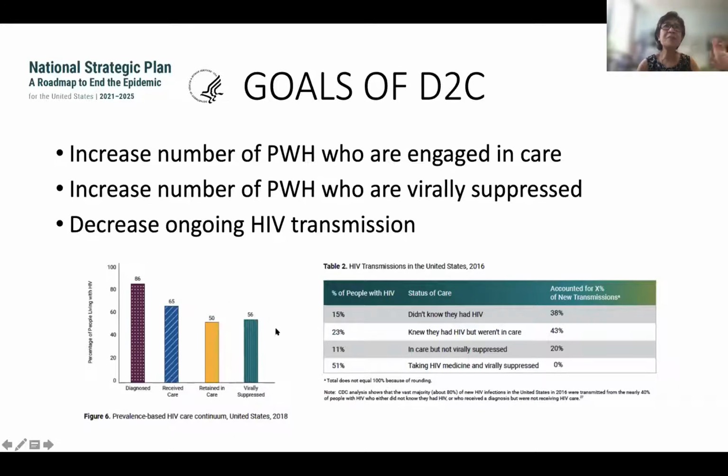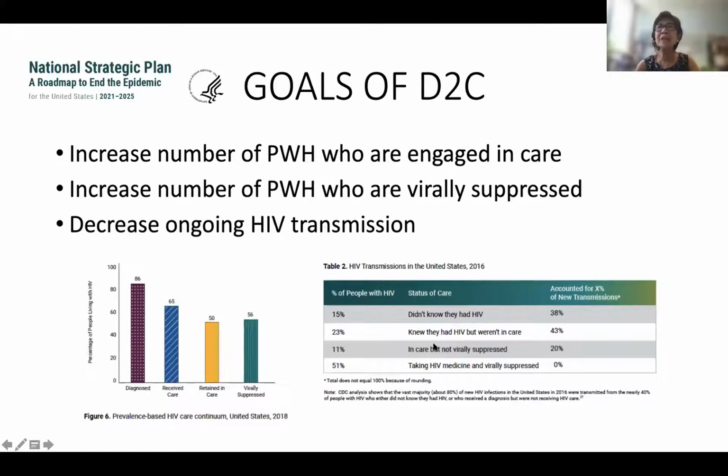Of people who are living with HIV, whether they're diagnosed or not, 86% are thought to be diagnosed, 56% are virally suppressed, and then 50% are retained in care. We know that this is problematic.